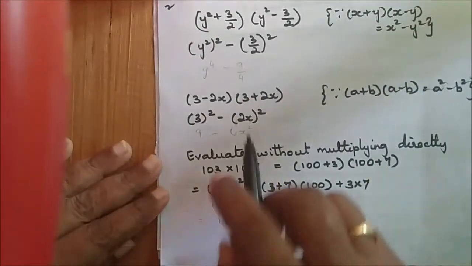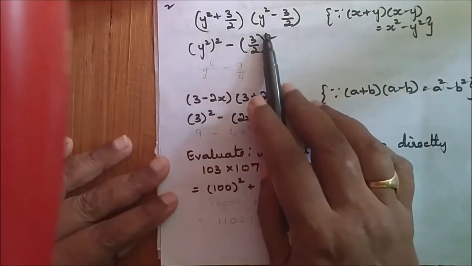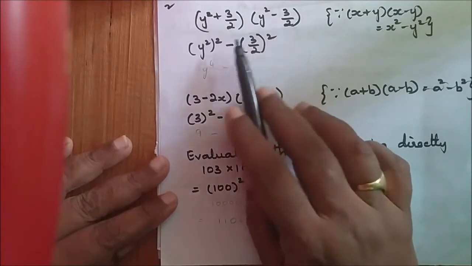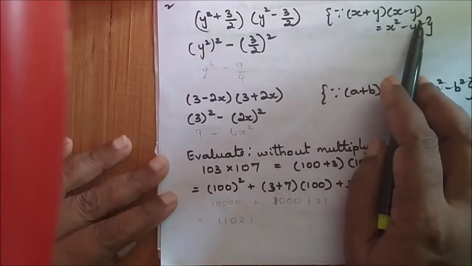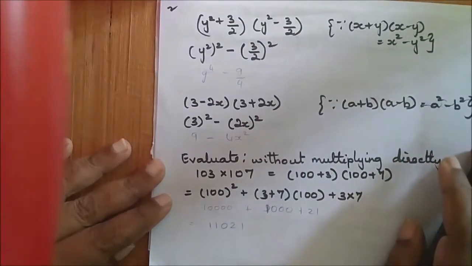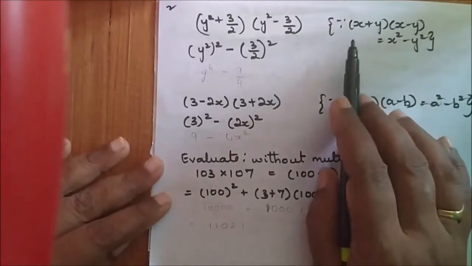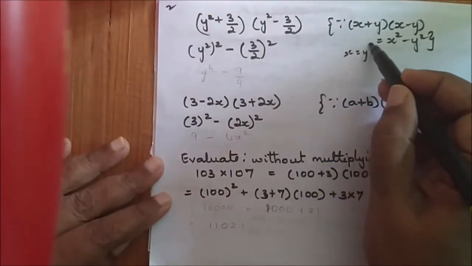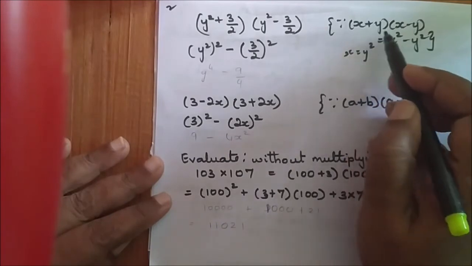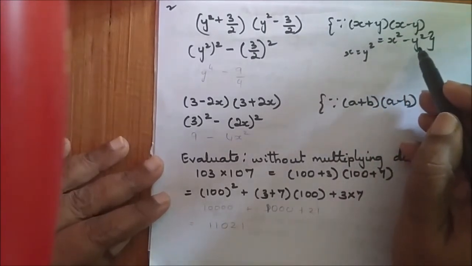Okay. Now we'll go to the next problem. (y squared + 3/2)(y squared - 3/2). This is of the form (x + y)(x - y) is equal to x squared minus y squared. So, what is my x in this case? X is equal to y squared, or I can take it as (a + b)(a - b) equal to a squared minus b squared.